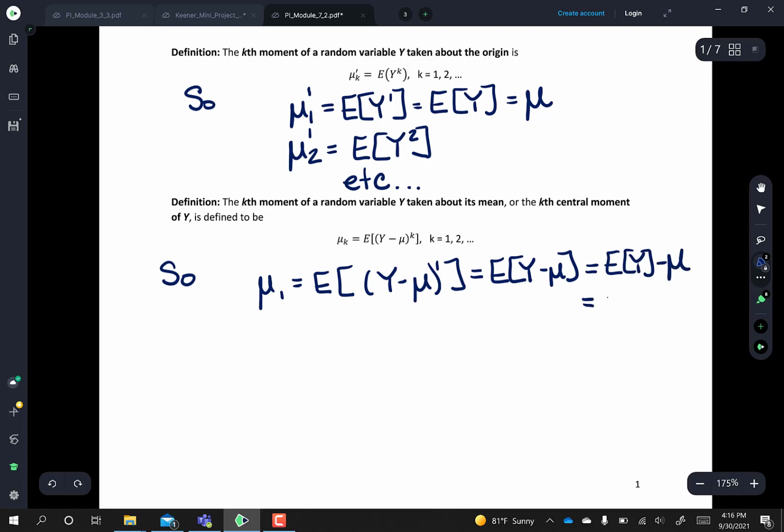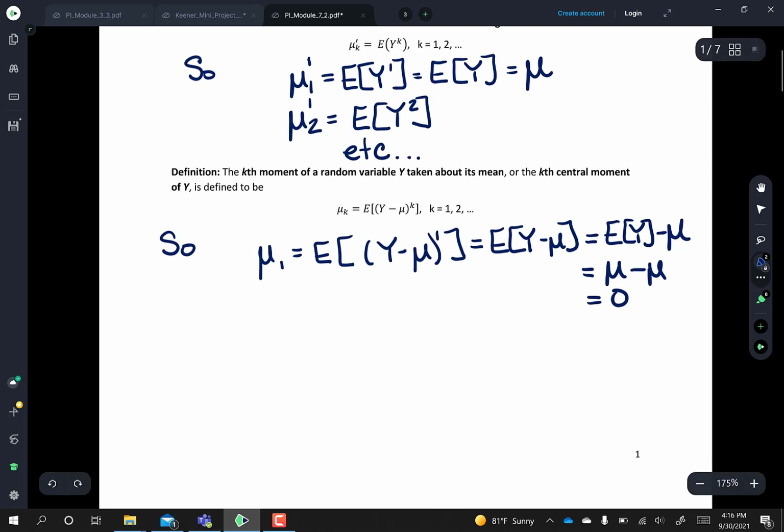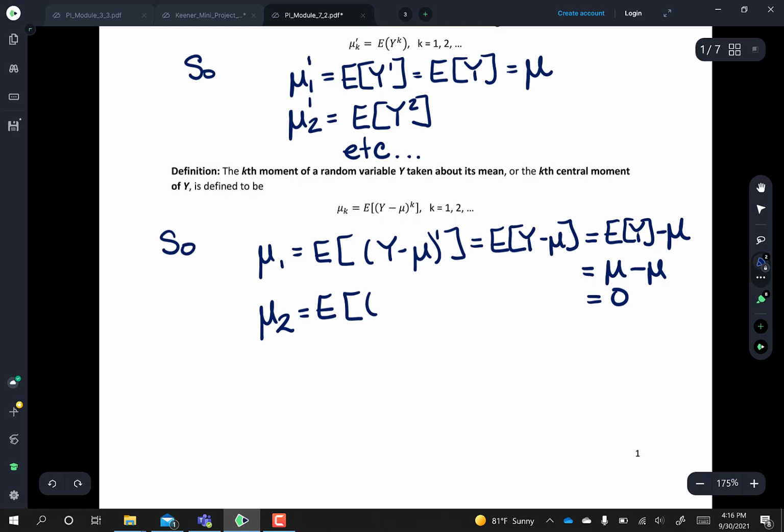But remember that the expected value of y is mu. So we have mu minus mu, which is just 0. So the first central moment is just 0. The second central moment you have seen before. This is the expected value of y minus mu squared, which by definition is the variance.